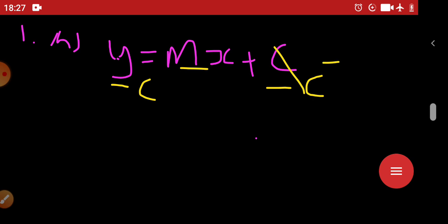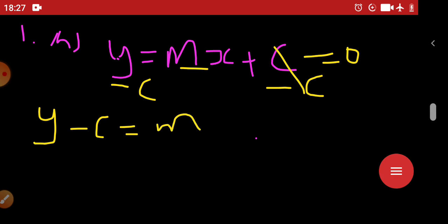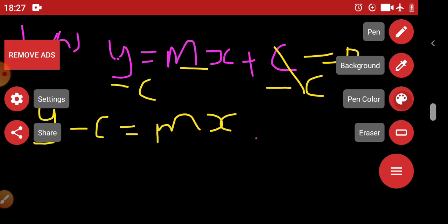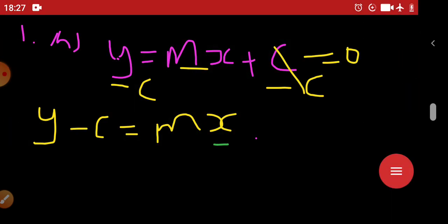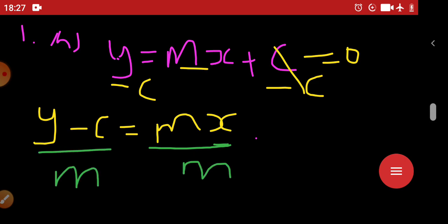So here this would be 0, and then here we have y minus c, which is equal to m times x. Now we want x, so what we'll do is divide, because m is multiplied by x, so we need to divide both sides.